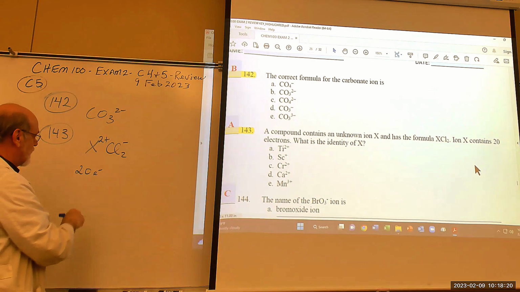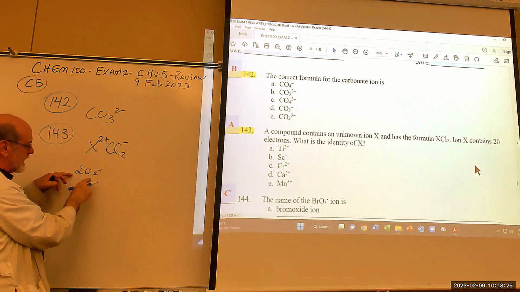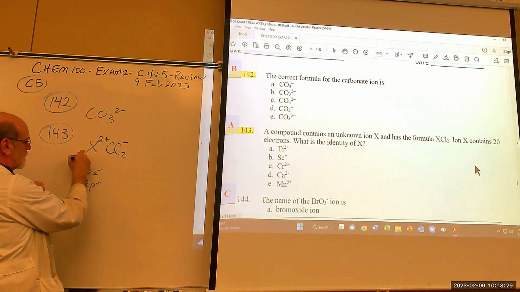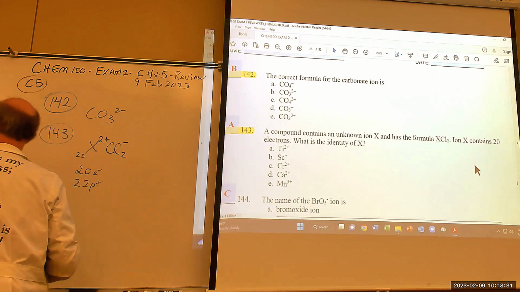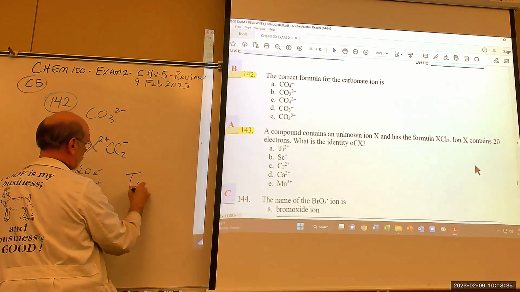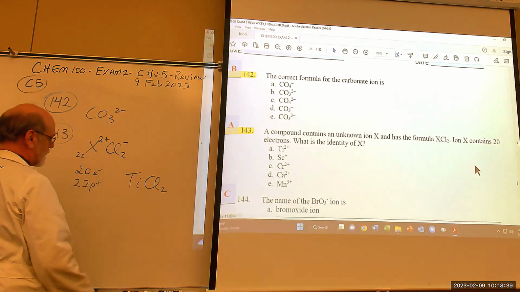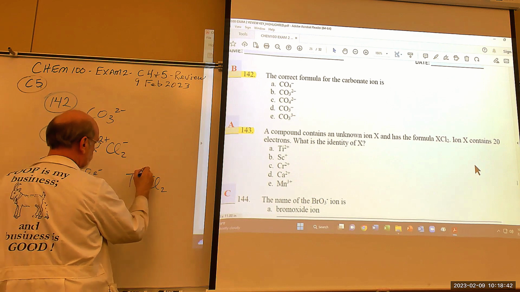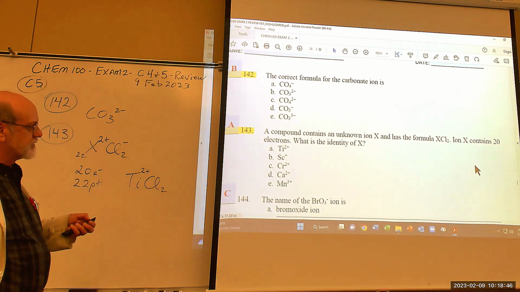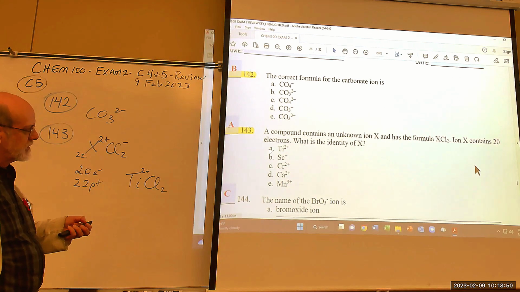If it's got a 2+ charge, that means it has 2 more positives than negatives. That means 22 protons, right? So 22 protons is titanium. To answer the question, it's Ti2+. That is the identity of X, Ti2+.